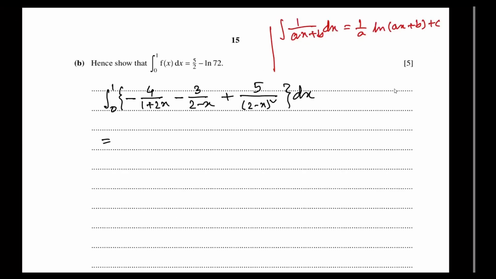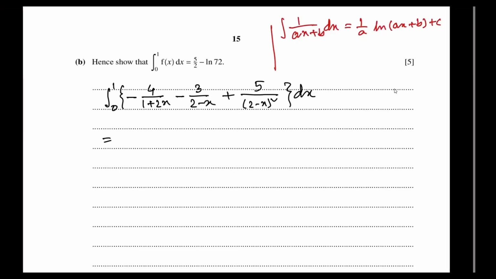And the second one we'll be using here: ax plus b whole to the power n dx is ax plus b whole to the power n plus 1 divided by a into n plus 1, plus the constant of integration c. But we will not use c here because it's a definite integral.